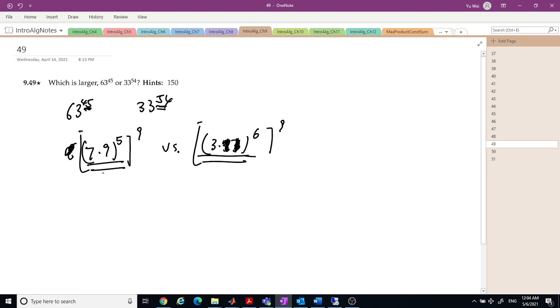Let's compare these. We have 7 to the 5 and 9 to the 5, compared with 3 to the 6 and 11 to the 6. 3 to the 6 is basically 9 to the 3.